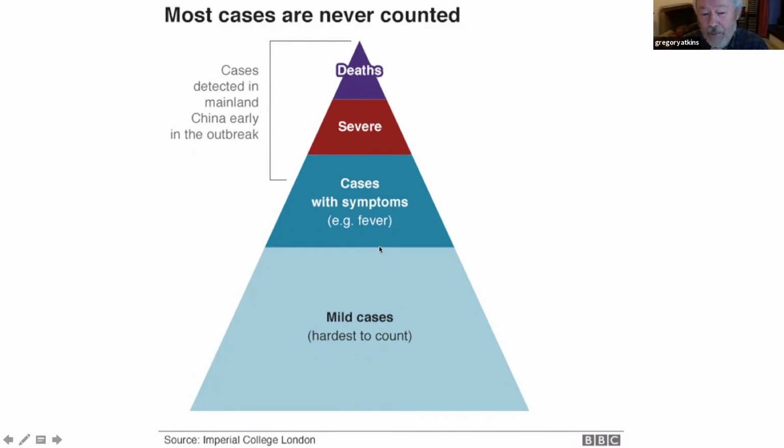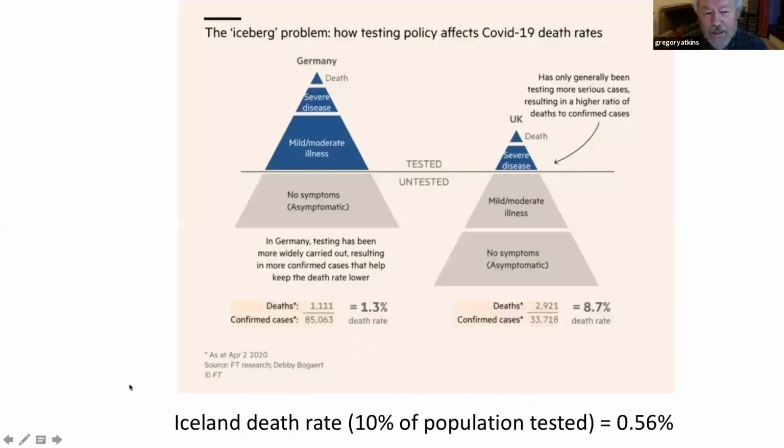So you've probably, this is called the iceberg effect, you've probably got a very large number of cases of people who have only had mild disease or perhaps even no disease at all, and are not showing up in these statistics. Just how many these are is another question.